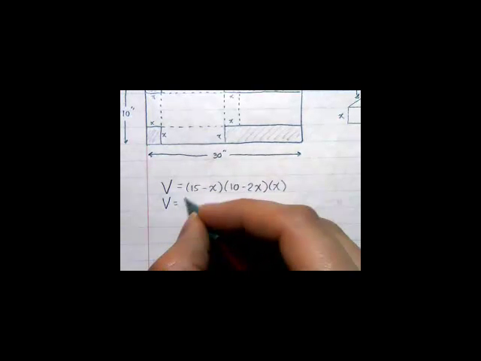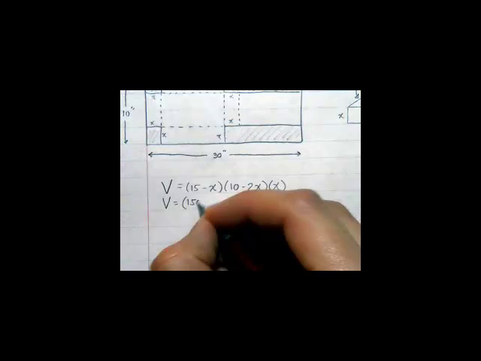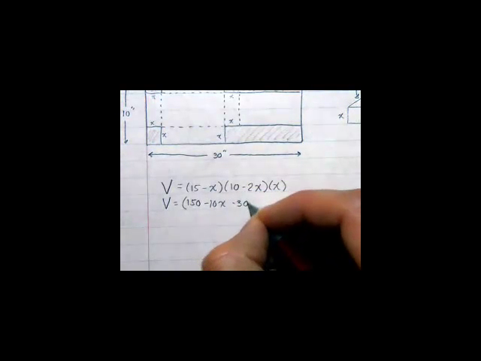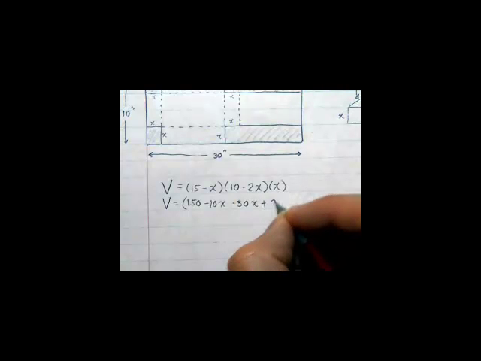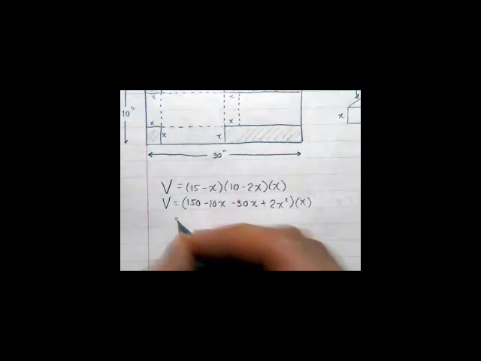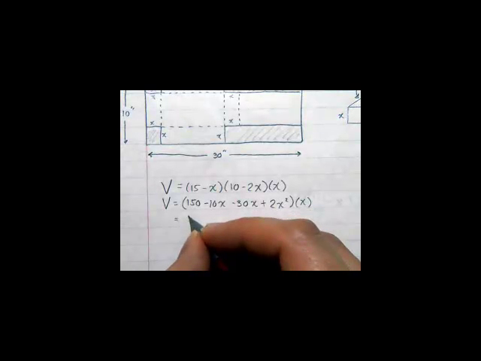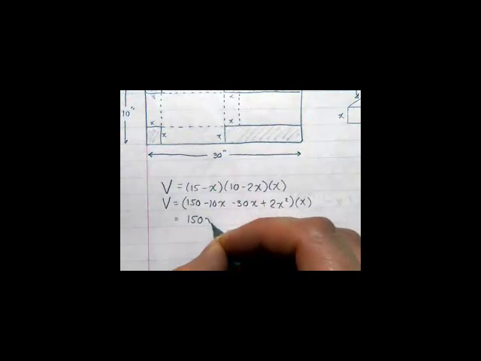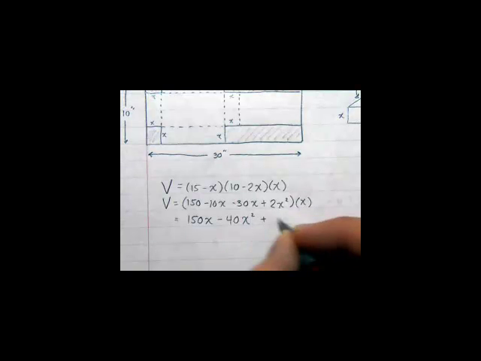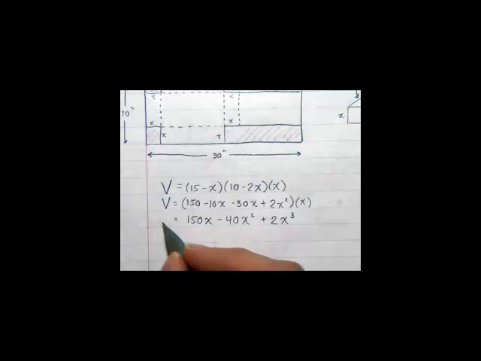So, let's see, we got 150 minus 10x minus 30x plus 2x squared all times x, which is 150x minus 40x squared plus 2x cubed. Okay? So we're going to roll with that one, I think.